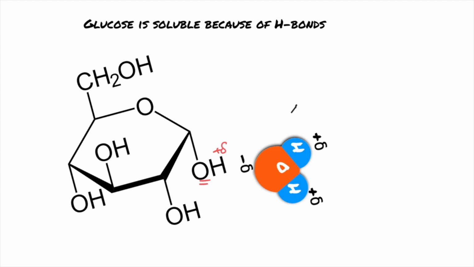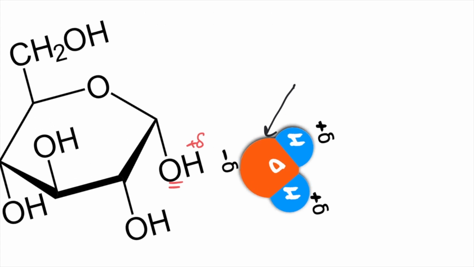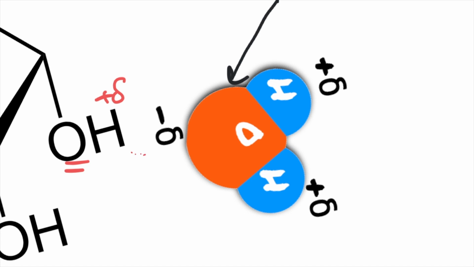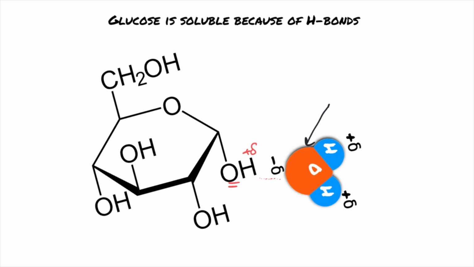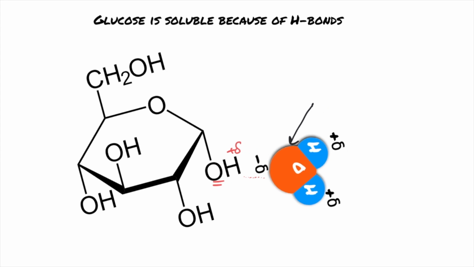This attracts an oxygen from water, and together those hydrogen and oxygen form a hydrogen bond. The formation of hydrogen bonds between carbohydrates, monosaccharides and disaccharides, and water is how you explain the solubility. If a molecule in general, it doesn't have to be a carbohydrate, forms plenty of hydrogen bonds with water, then it would be a soluble molecule in water.